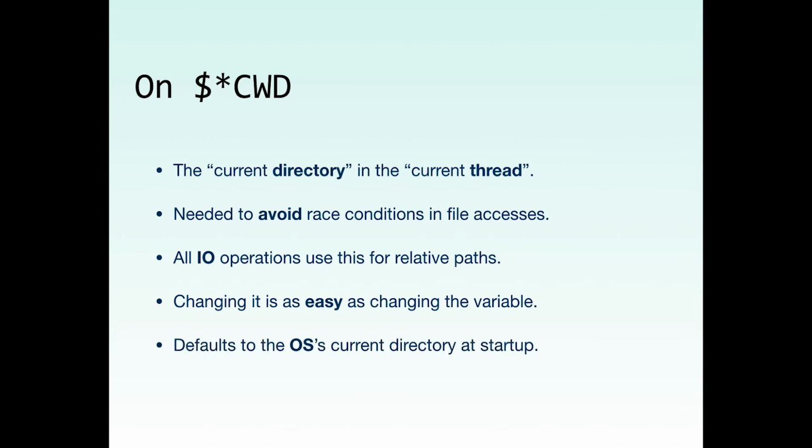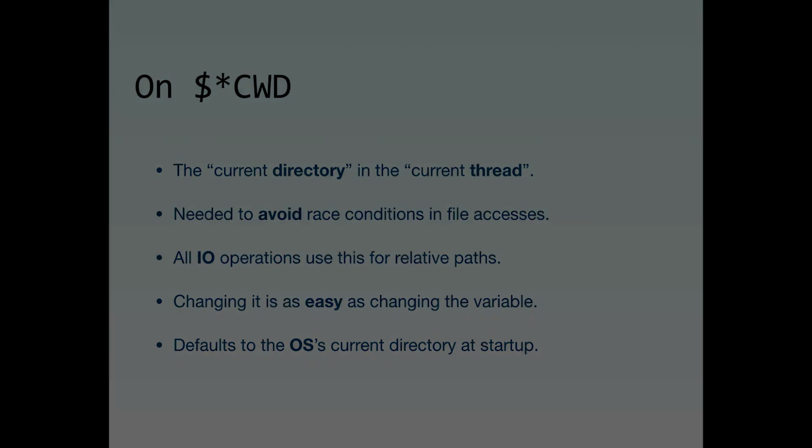And it defaults to the operating system's current directory at startup. Now, Raku does not have the concept of a current directory as far as the operating system is concerned. It just basically puts that in front of any relative path that you are going to use in any I/O operations. So these are examples of the dynamizer.